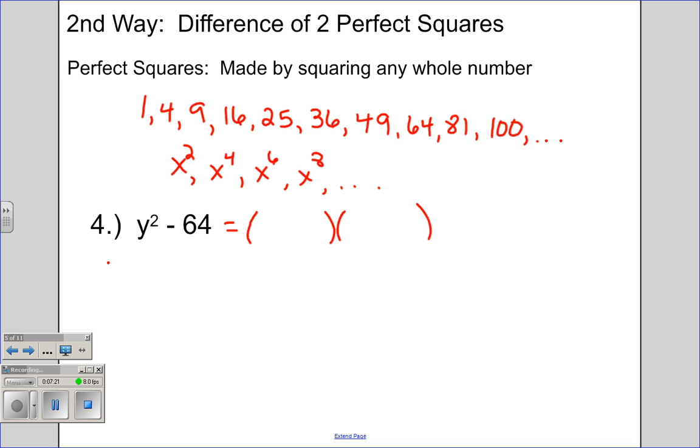Which is 8. So let's look at the y squared. What times what's going to give me y squared? Y. Now it needs to multiply to give me a -64. So our signs have to be what? A positive and a negative. And then what number squared gives me 64? 8. So that is factored. That is the difference of two perfect squares.